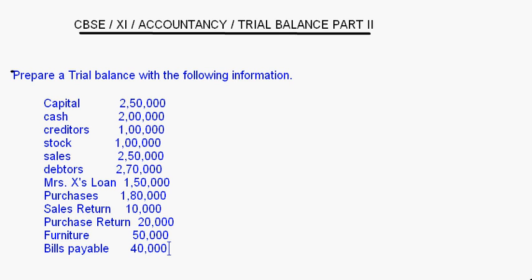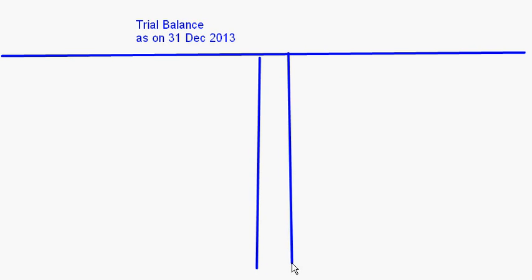We'll be following the balances method. So now let's start with the trial balance here. Trial balance as on, let's say, 31st December 2013, right? Here these are the columns of the trial balance.